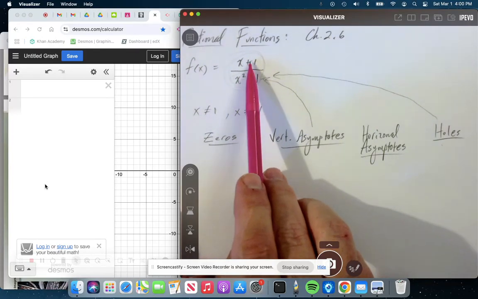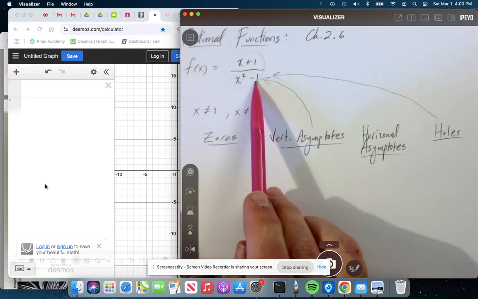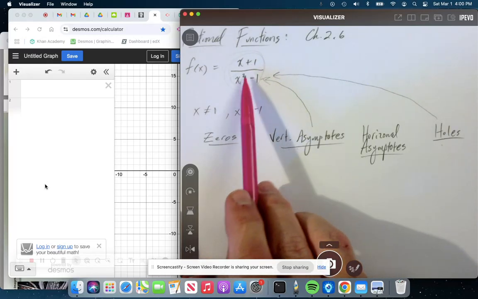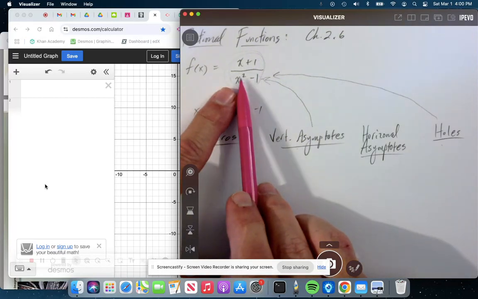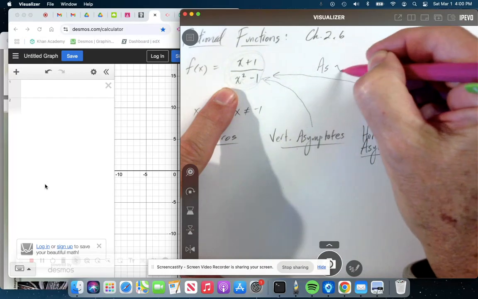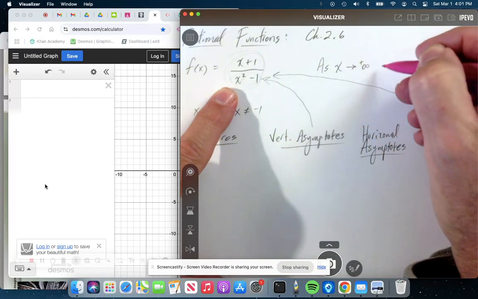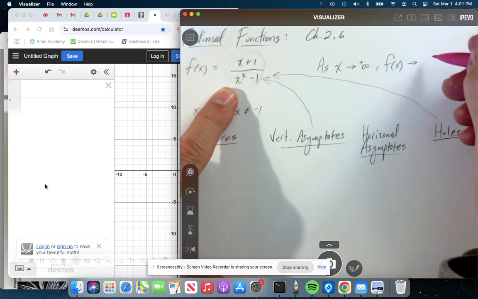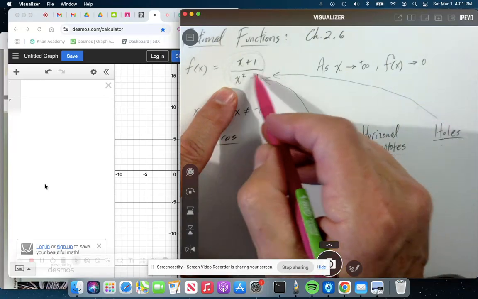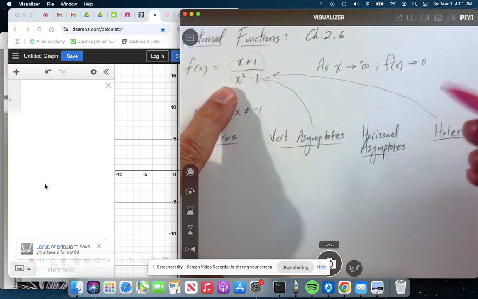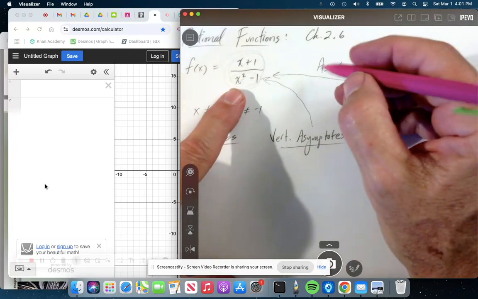So you're going to end up with a small number over a very large number, which means it's going to go to 0. So just by looking at how the denominator is going to grow faster than the numerator, I know that as x approaches positive infinity, f of x is going to approach 0, right? Because when you have a very large number on the bottom of a fraction, you get a very, very small number. And the same is true if we go negative.